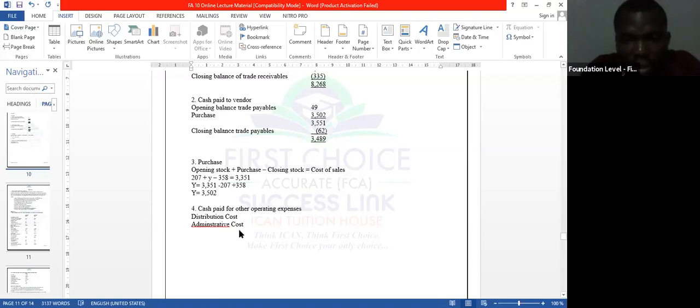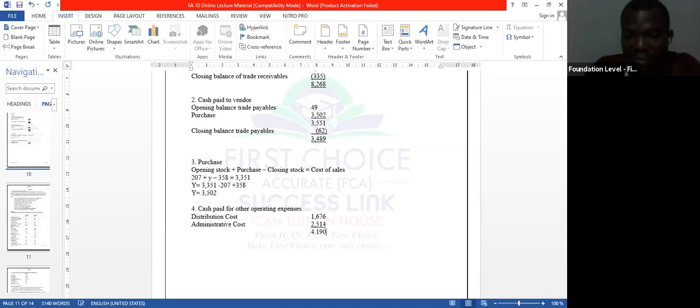Okay, we have the amount here. The distribution cost is 1,676, right? Now, what is the administrative cost? That would be 2,514. Now that we have that, the next thing is for us to add them together so we can get our total cost. So let's calculate it together. The total cost will give us 4,190.